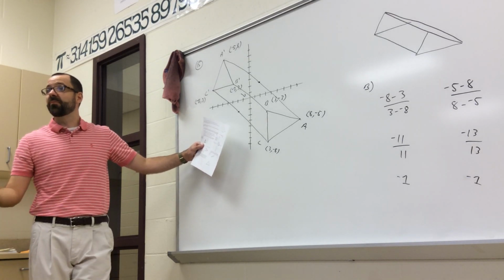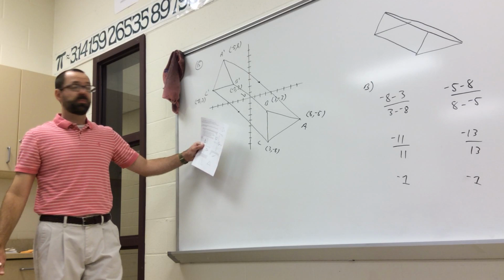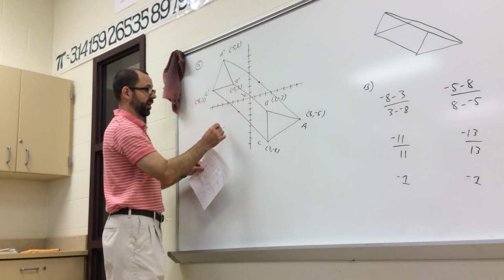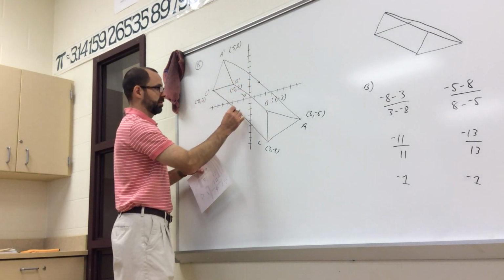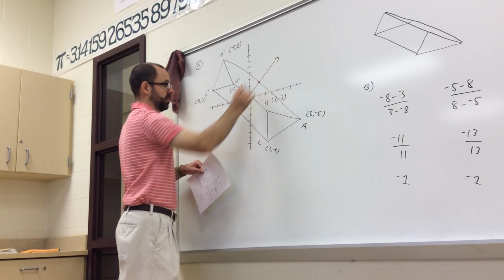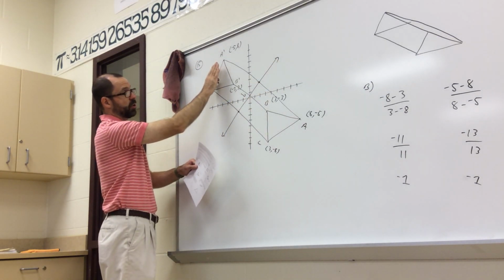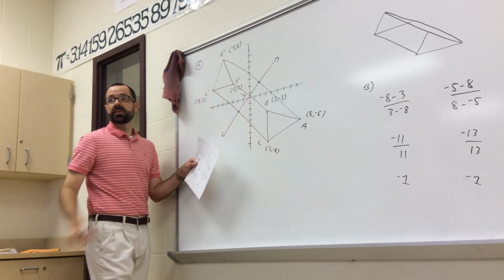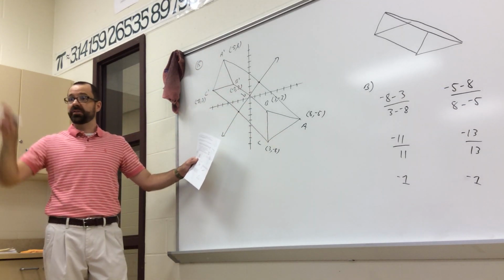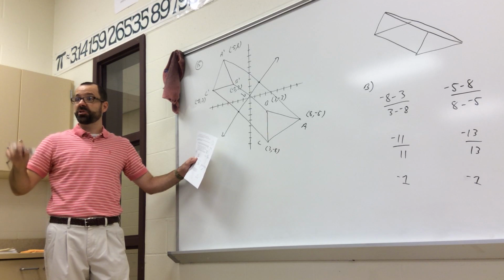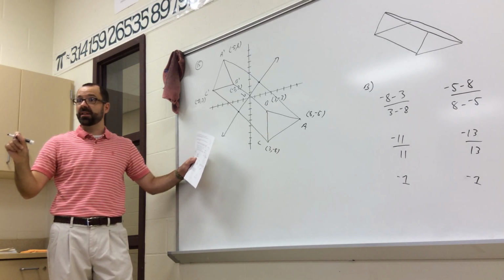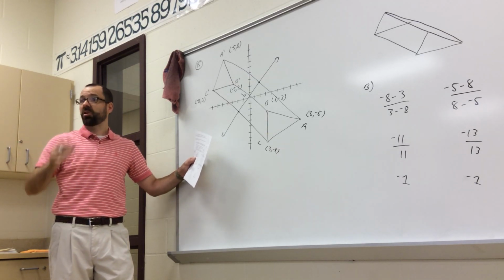Okay, now here's why I'm finding the midpoints. Because then if you connect the midpoints, you get the line that this triangle was reflected across. So on number 1, the line was already drawn in for you, so you could put the mirror on top of that and then reflect it across.